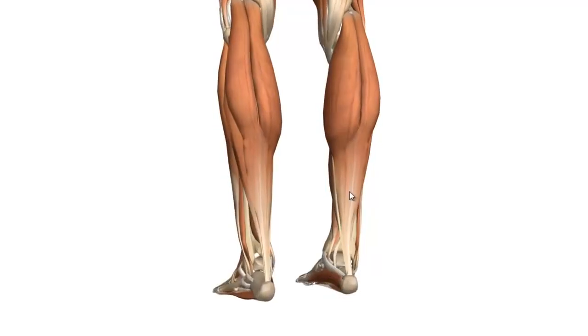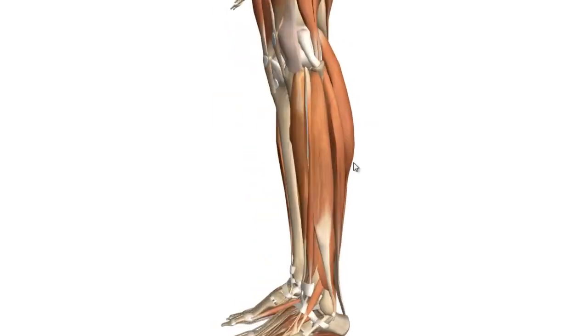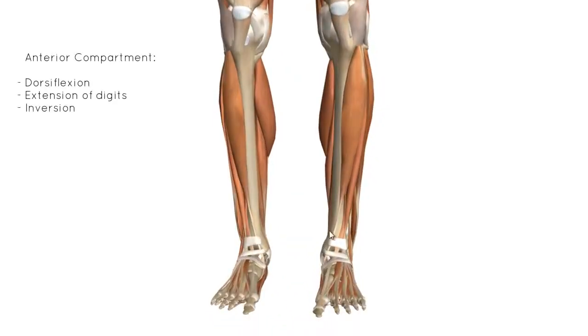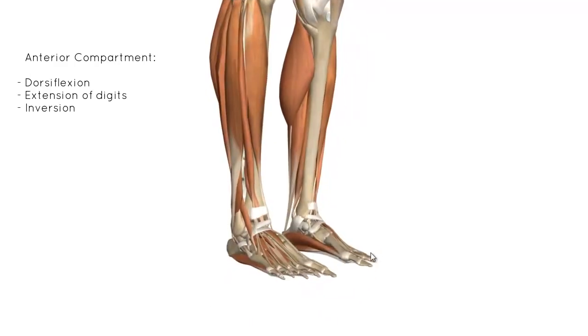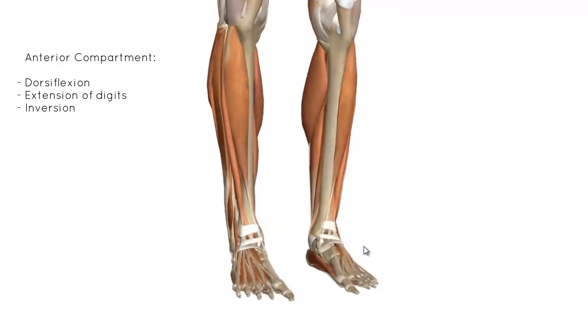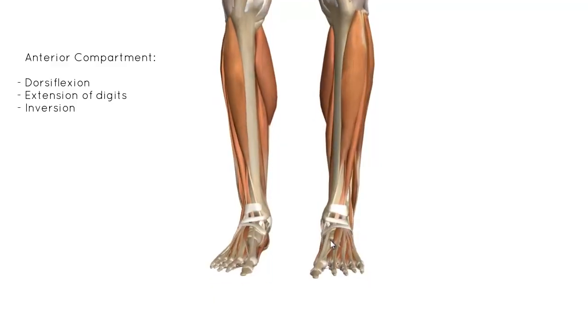The muscles of the anterior compartment do the opposite really, so they dorsiflex the foot, bringing the toes upwards, they extend the digits, and they invert the foot also.